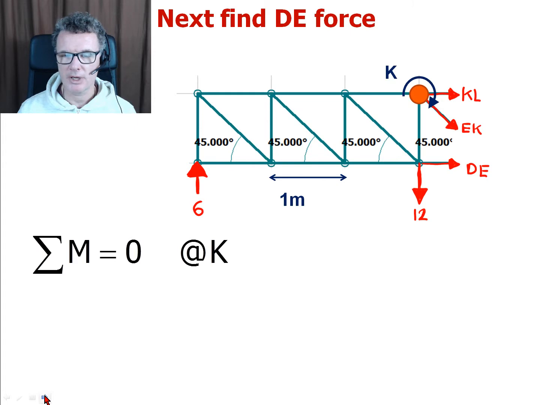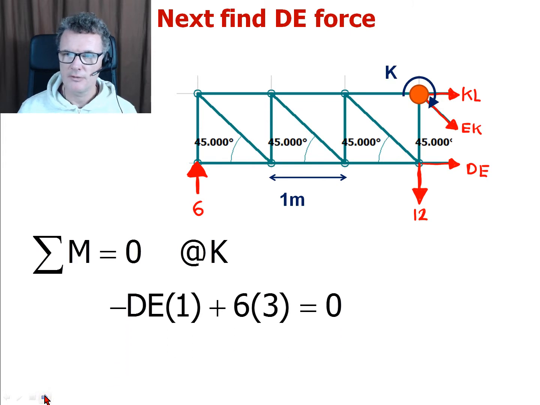So taking moments about K, what does that give me? The first force I can see is the DE force, which is making a right angle at the pivot there, at the K pivot. So there's the pivot, and it's making a right angle. So we have 1 meter away for the DE. Notice DE is going from left to right, whereas the clock face is turning from right to left.